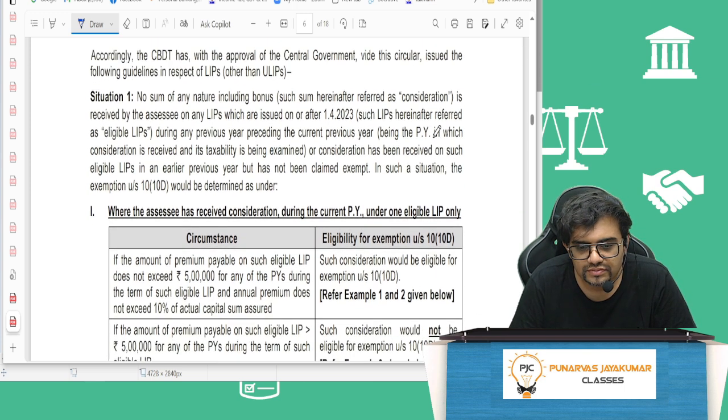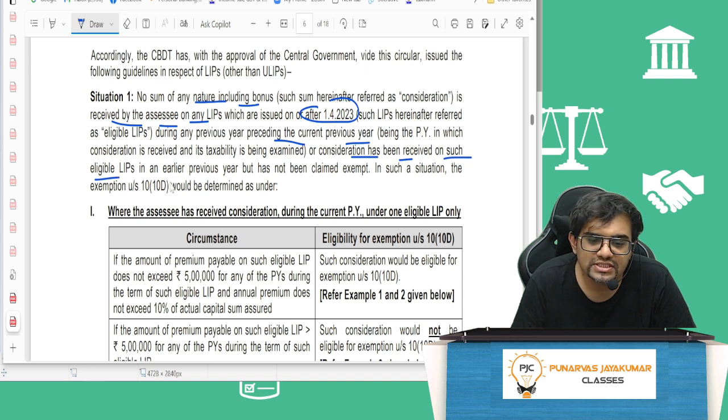Situation number 1. No sum of any nature, including bonus, is received by the SSE for any of the life insurance policies issued on or after 1/4/23 during any previous year preceding the current previous year, or consideration has been received on such eligible life insurance policies in an earlier previous year but has not been claimed exempt. In such a situation, exemption is to be determined as under.